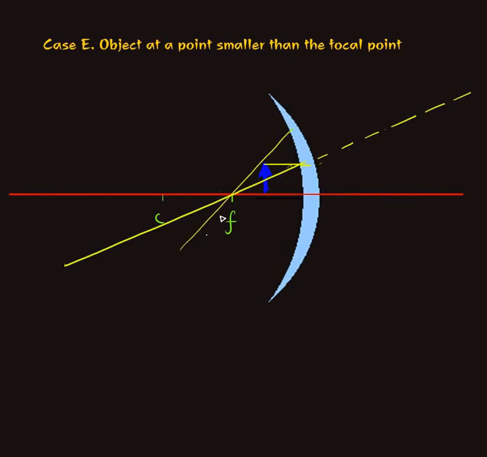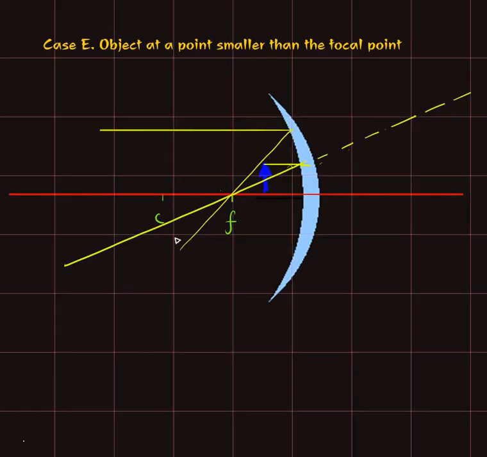Like this. A ray that goes through the focus, when it hits the mirror, will go parallel to the optical axis. I'm using this grid here. But as you can see, none of these rays are going to intersect, which means the image is not forming on this side of the mirror.